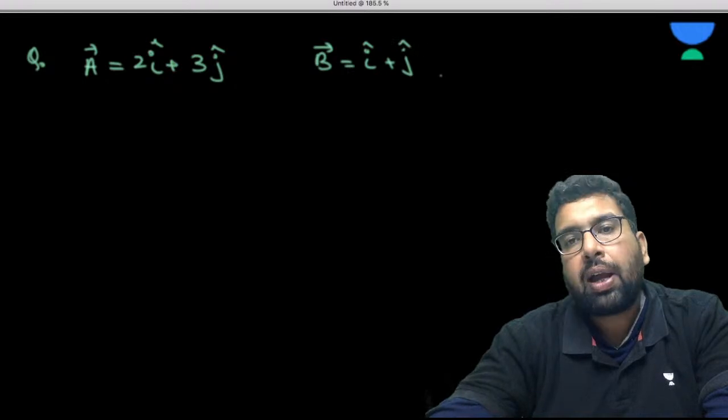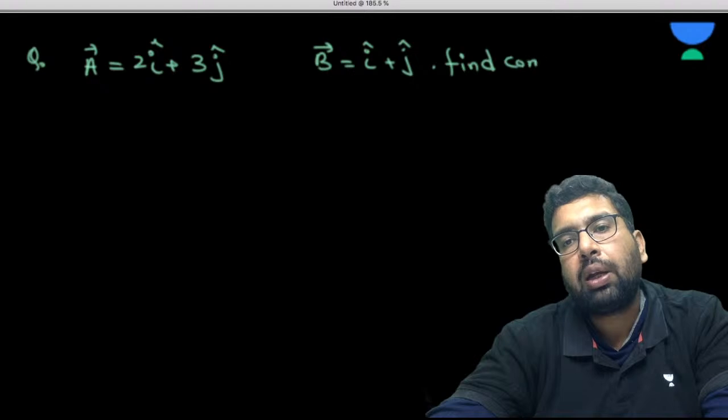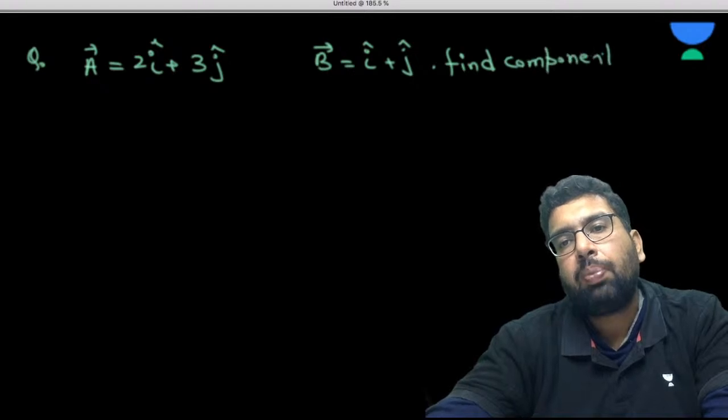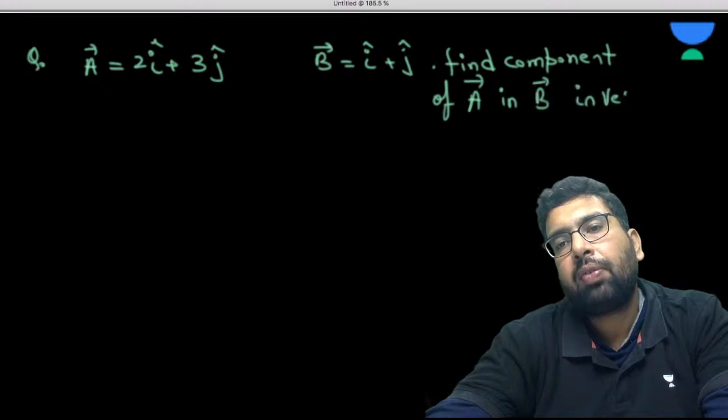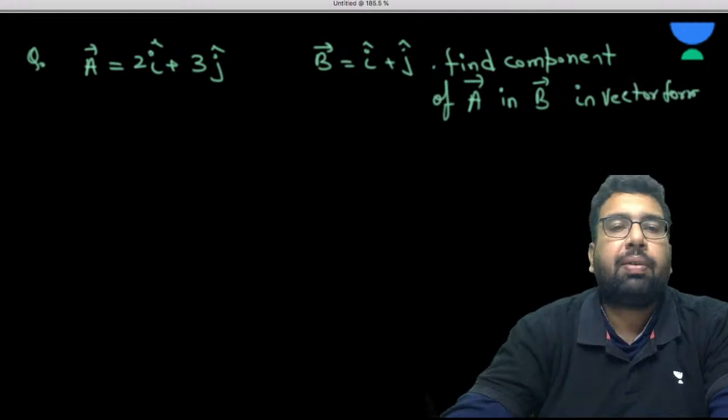Now, find component of A vector along B vector in vector form. अगर vector form में निकालना हो तो how you are going to do that? Please answer me. Let's go for it.